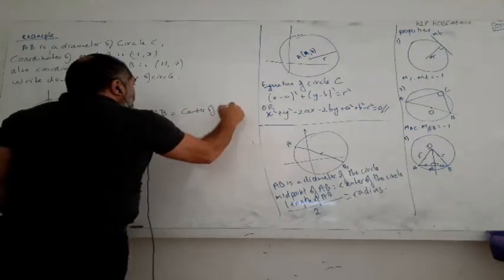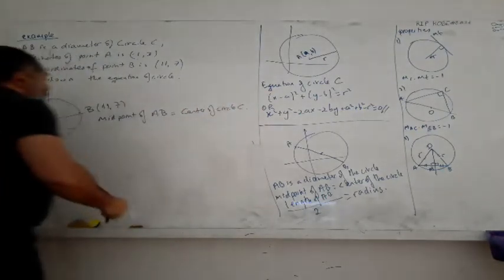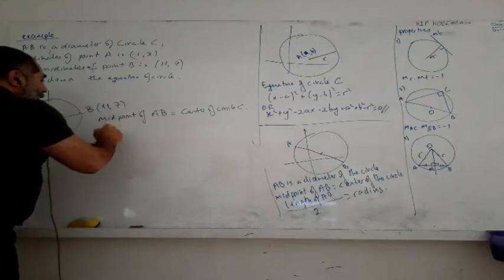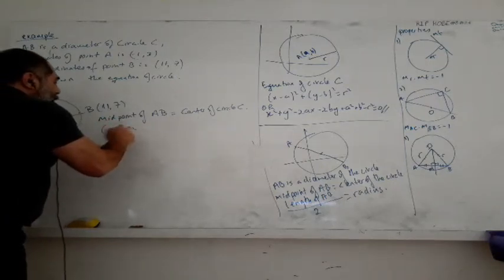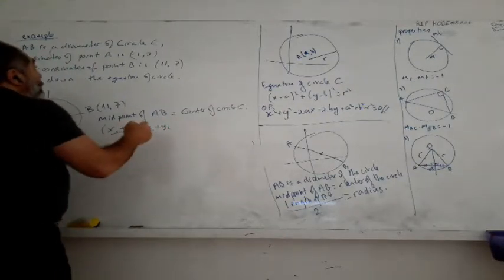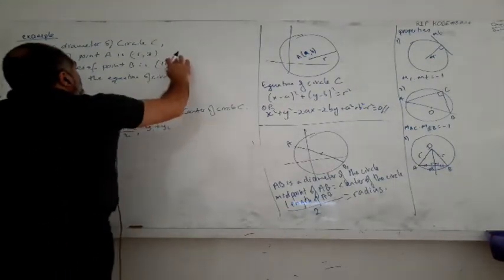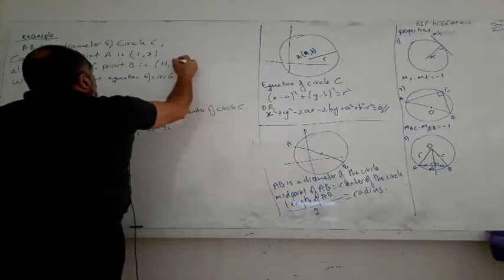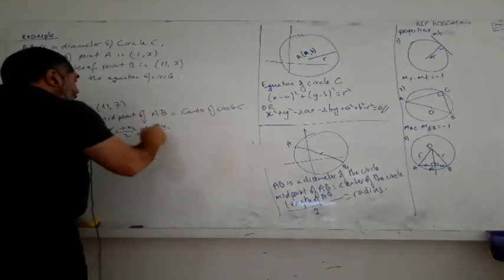So what is the formula for midpoint? x1 plus x2 over 2, y1 plus y2 over 2.